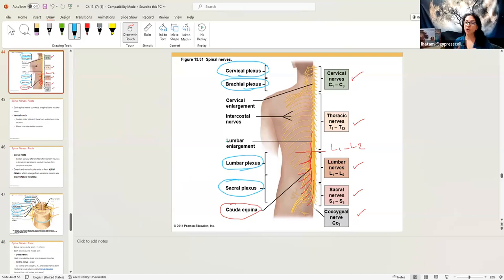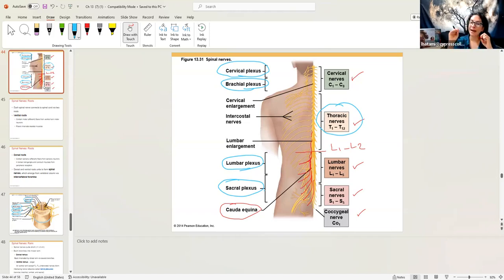So the cervical, brachial, lumbar, and sacral plexuses are made by joining the ventral rami of the spinal nerves. But as I mentioned, the cervical, lumbar, sacral, and coccygeal nerves are involved. Thoracic nerves T1 to T12 are not going to join together and make a plexus.